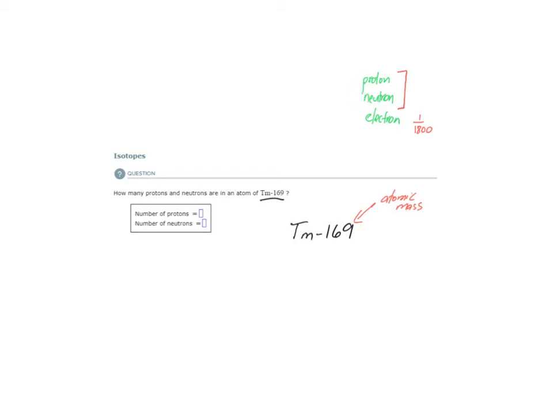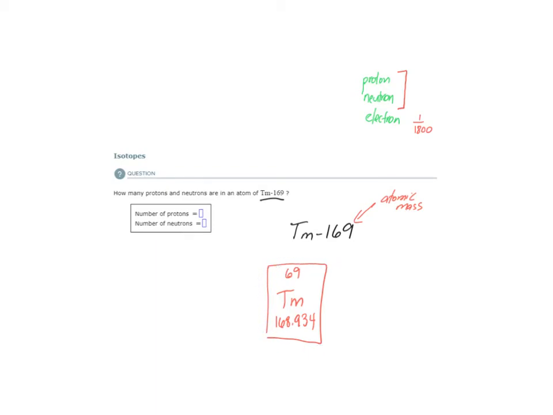And so for this element, Tm is thulium, this 169 is the atomic mass. When you look at the periodic table and you find this element, its atomic number is 69 and its atomic weight is 168.934. So now we can make sense of what we see on the periodic table.